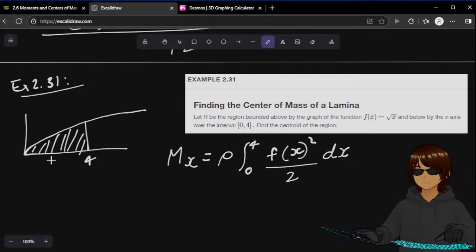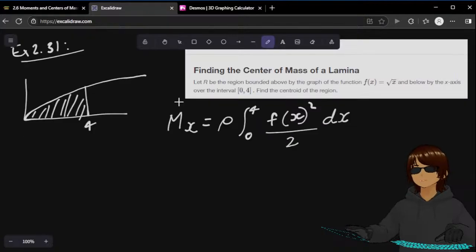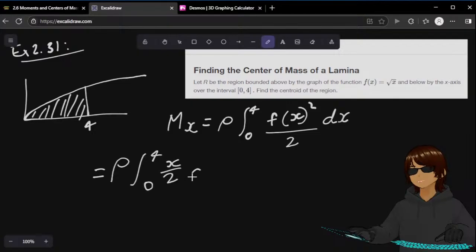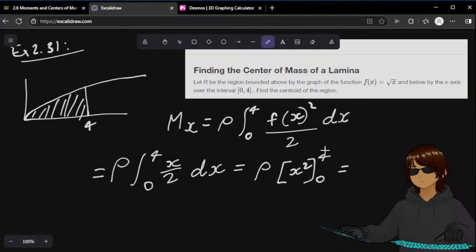But since it's a rectangle, the midpoint is f of x divided by 2, the distance from the x-axis. Then we have x over 2, the root cancels out, x squared from 0 to 4.